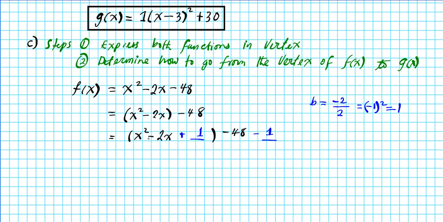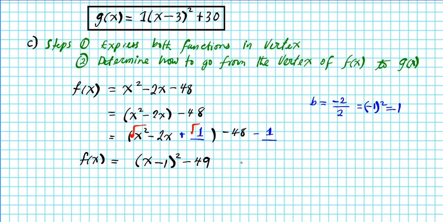Now let's factor this. You read the first and the last, bring down the middle sign, and that will give us f of x in standard form, which is (x minus 1) squared minus 49. Okay, so that's f of x.